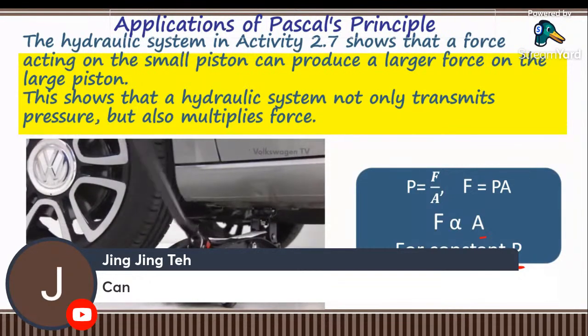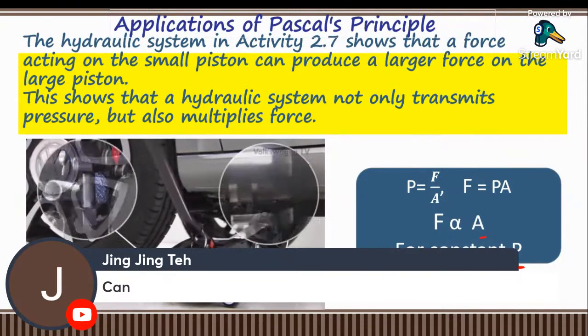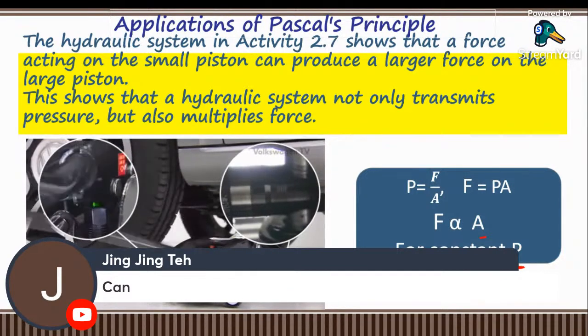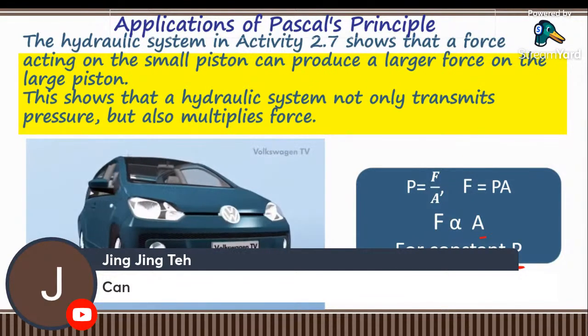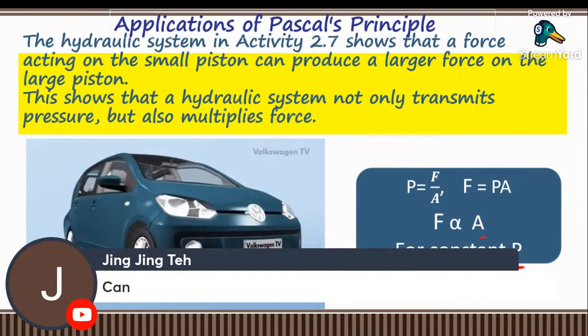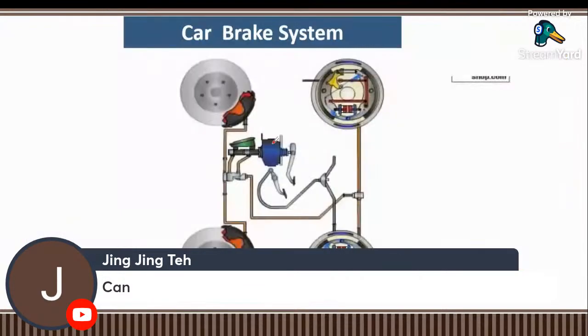A hydraulic system not only transmits forces, it also multiplies them. For this to happen, the operating piston's diameter must be smaller than that of the working piston. Ini car brake system, nampak tayar kereta depan belakang.